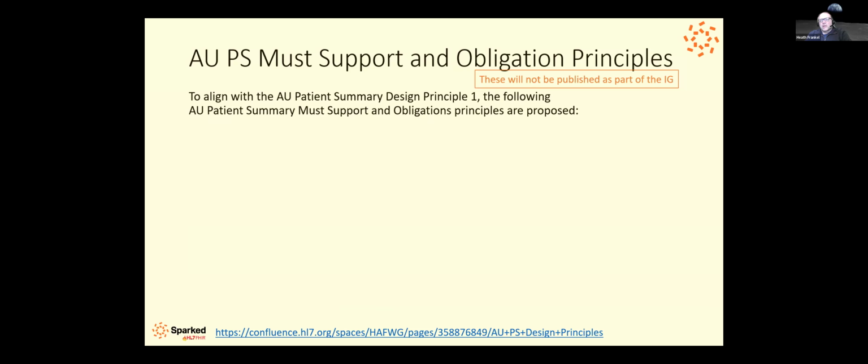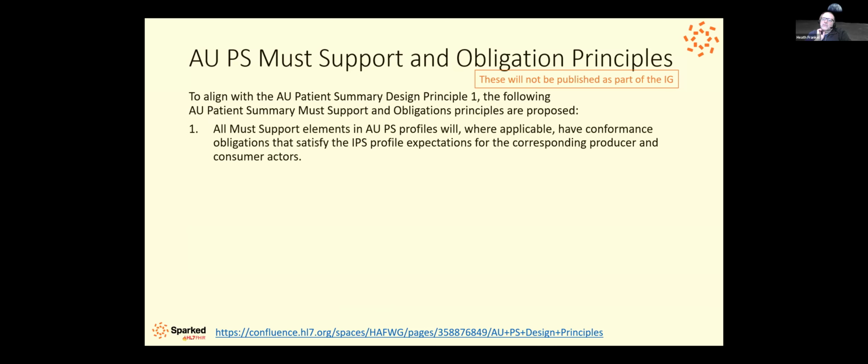These principles we're not looking to publish as part of the IG, they're just for guidance as part of development of the IG itself. So the first one is that all must support elements in the AU-PS profiles will, where applicable, have conformance obligations that satisfy the IPS profile expectations for the corresponding producer and consumer actors.